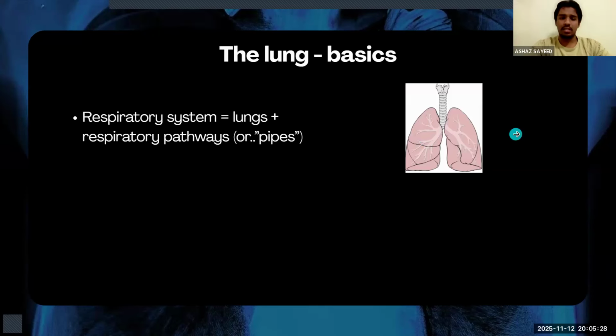So let's start with the basics of the lung. Most people, when they think about the respiratory system, just say, oh, lungs. Actually you have your lungs, the spongy tissue which you see, and then you have your respiratory pathways.